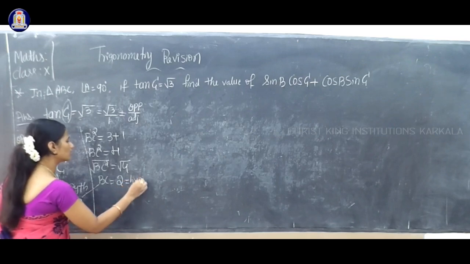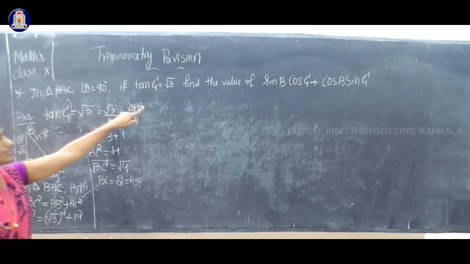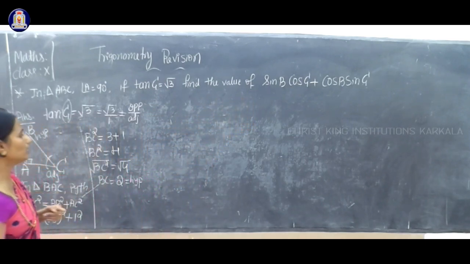BC is the hypotenuse side. This is with respect to angle C. From this, we can find sin C, cos C, tan C, cosec C, sec C and cot C. But to find sin B, cos C, cos B, sin C, what do we need?